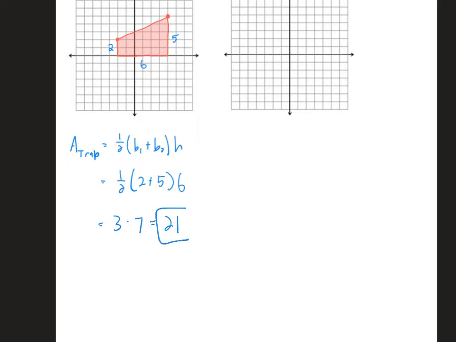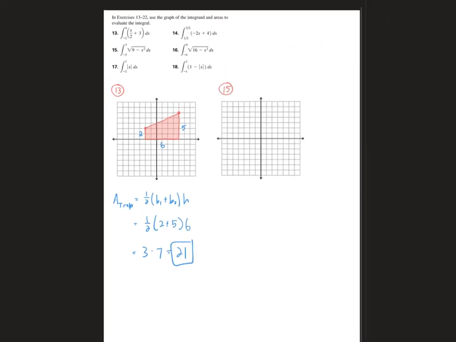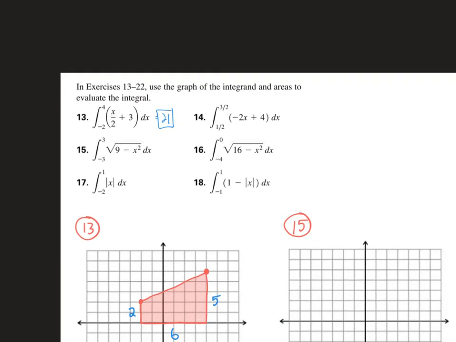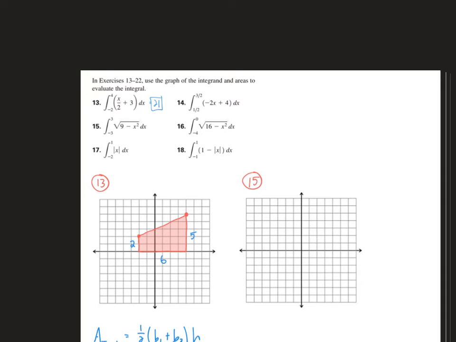That's 21. That's it. So this integral up here equals 21. Okay, later on we'll figure out ways to do it algebraically.